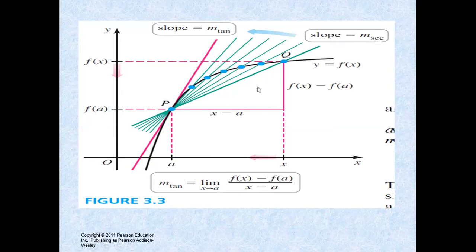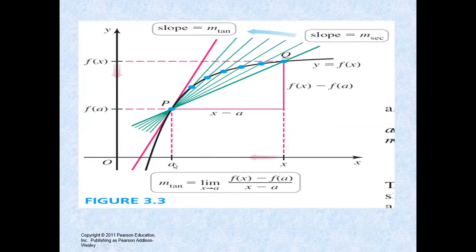So we have 2 points P and Q, and we know that Q is approaching P as close as it must be, and we know that Q and P are not equal, but the point Q is very close to point P.